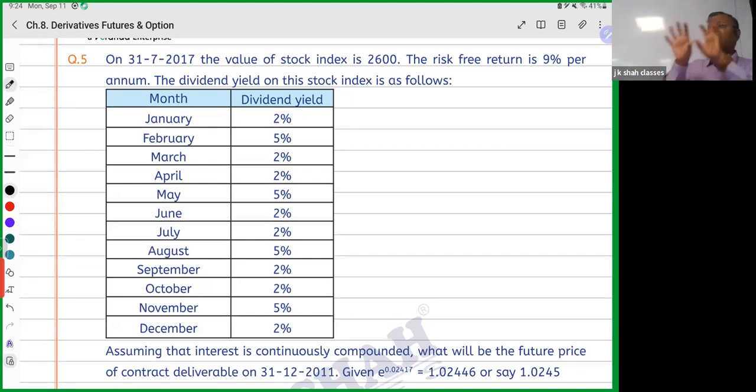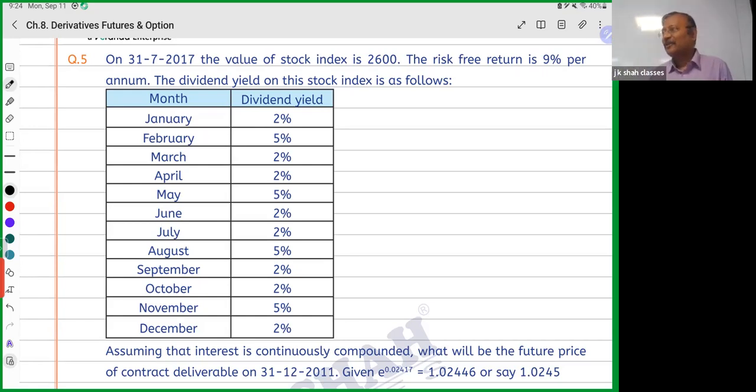Now, theoretically speaking, would all the companies declare dividend on the same month, same date? कोई interim देगा, कोई final देगा, and the dates would be different. That means, technically speaking, dividend yield would be different in every month. Maybe in 1 month, out of those 50 companies, 20 companies have declared dividend. Then the dividend yield for that month would be different.